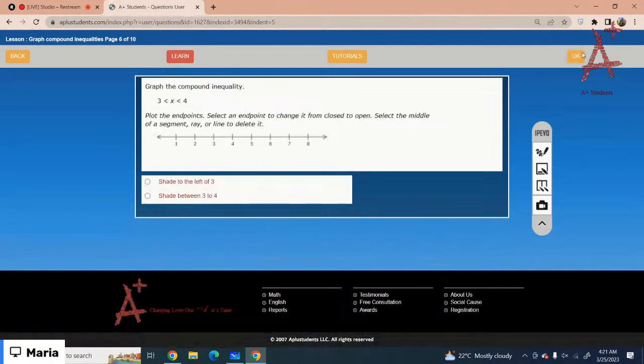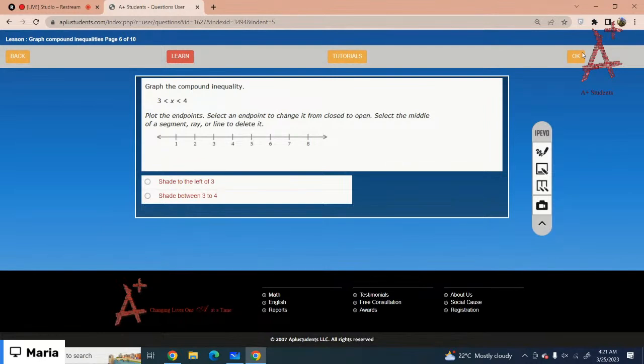Okay, the next one is graph the compound inequality. The inequality is 3 is less than x and x is less than 4. That means the x values are between 3 to 4. So it would be shade between 3 to 4.